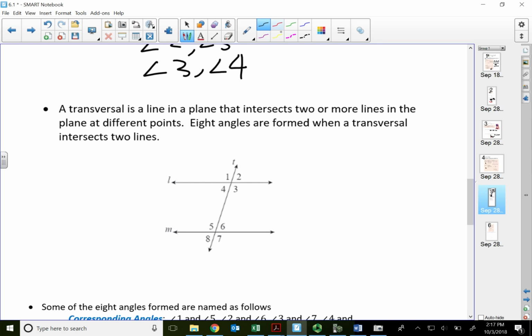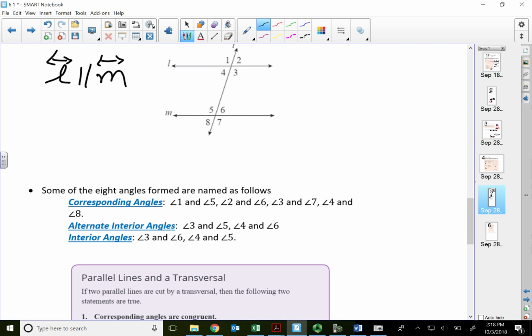But let me go ahead and tell you this right away. If I say line L is parallel with line M, then when these 8 angles are formed, they can be named as follows: something called the corresponding angles, alternate interior angles, and something called the interior angles.